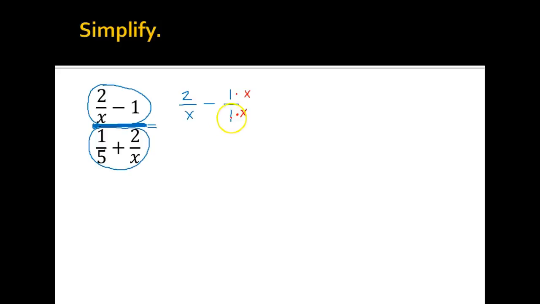So x over x instead of 1 over 1. And once we do that, we can combine our numerators because the denominators are the same. So that is 2 minus x.